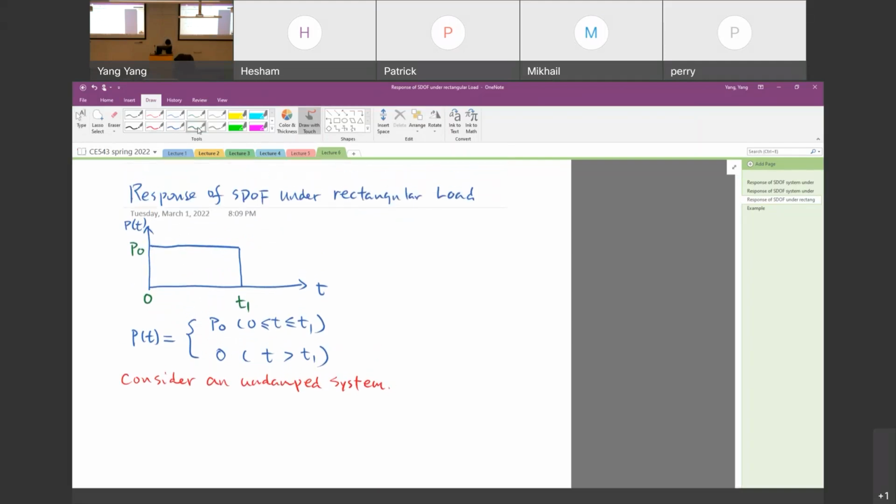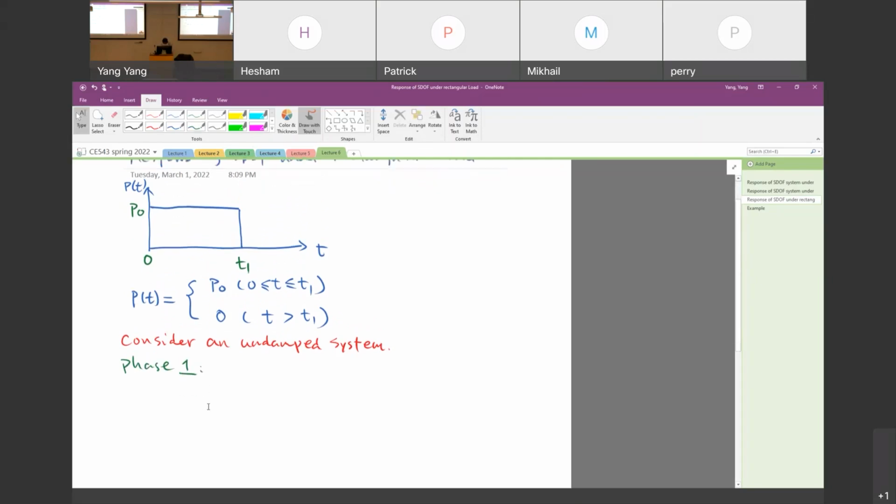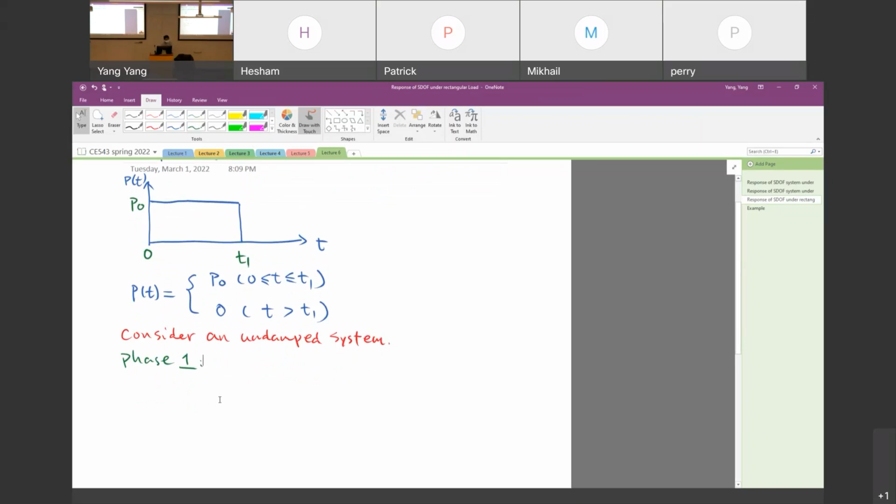For the undamped system, where to start? We start from the equation of motion, right? So any questions up to here?